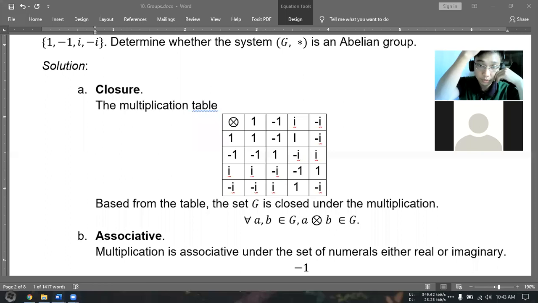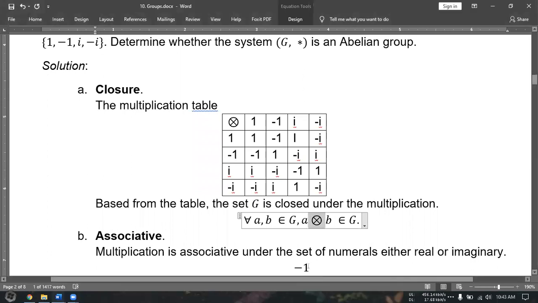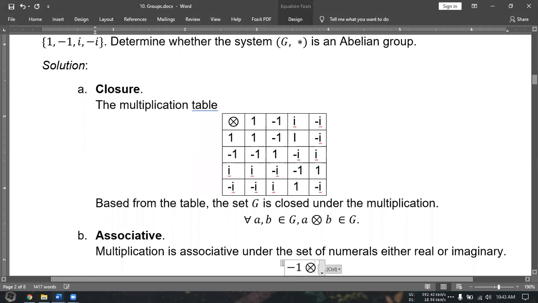Okay, to continue, let's test the property of associativity. Say we have the element i times negative 1, times negative i.